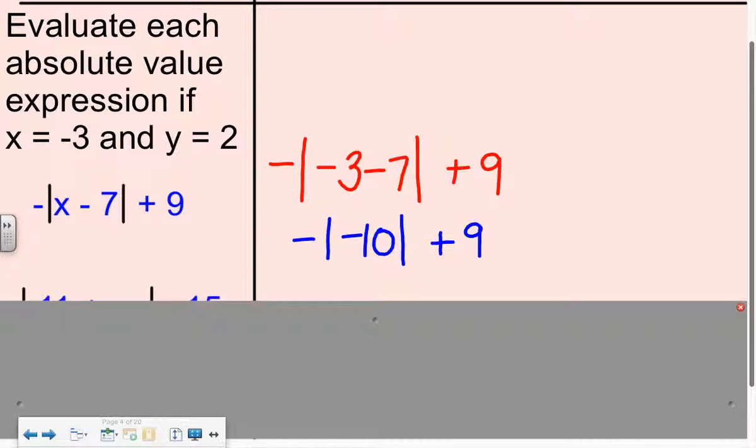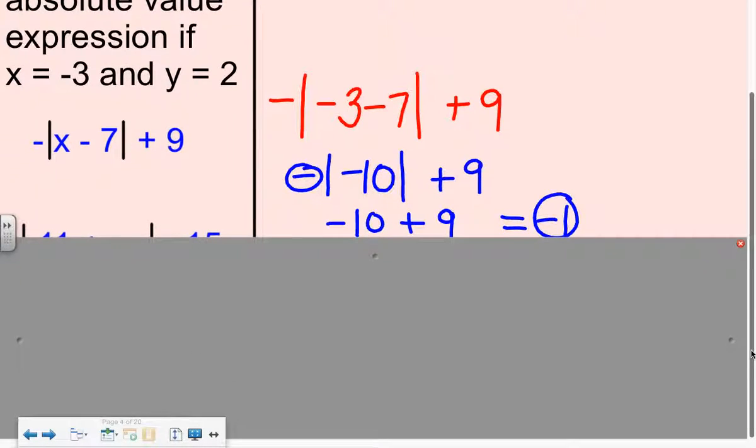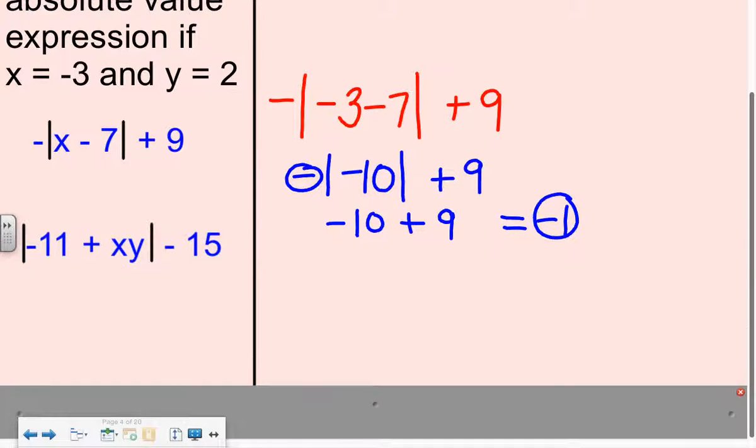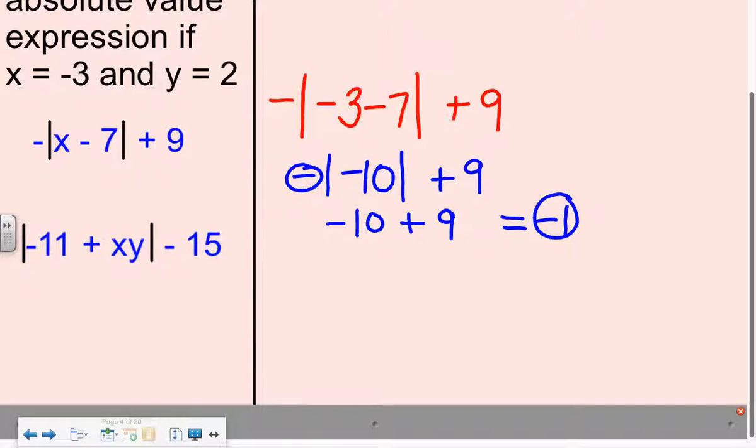The absolute value of negative 10 is positive 10, but then since I have this minus sign out in front, I'm going to put the negative in front of the 10. So I'm going to have negative 10 plus 9, which is negative 1. Negative 11 plus xy, which would be x times y.